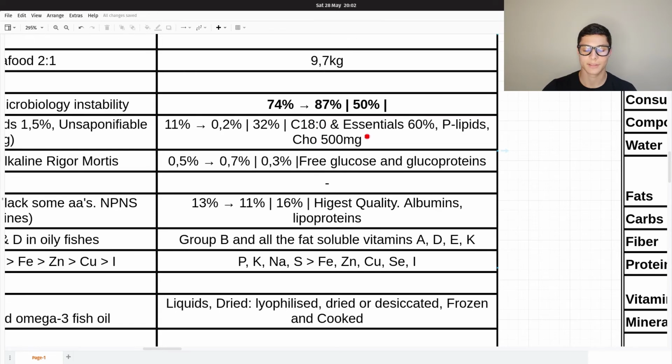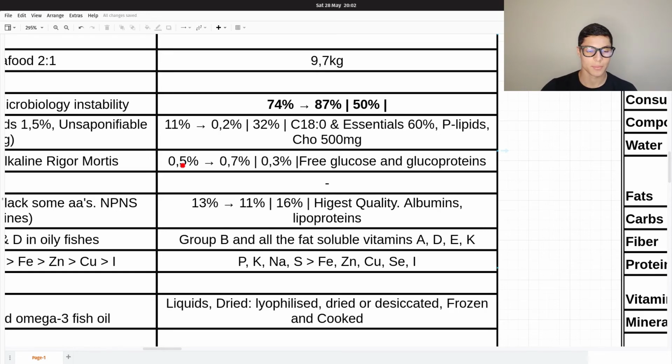Stearic acid and essential fatty acids, linoleic and linolenic, are the 60% of those fats. Then we have as well phospholipids and the cholesterol, and an egg has more or less 500 milligrams of cholesterol.